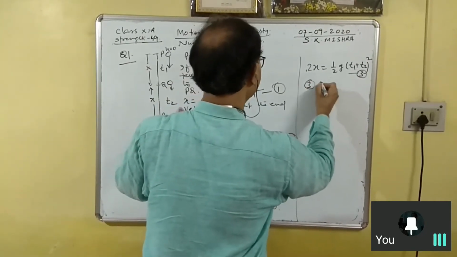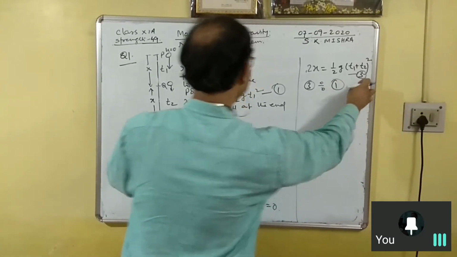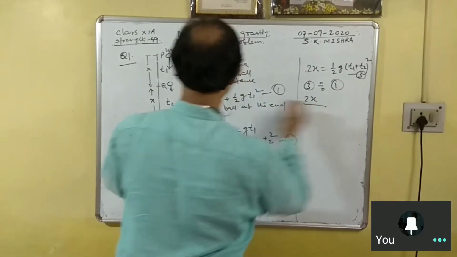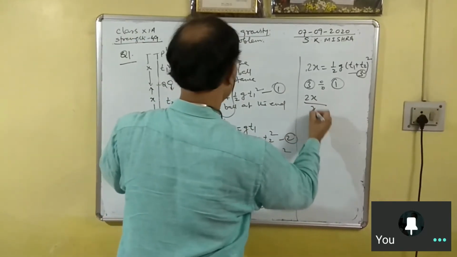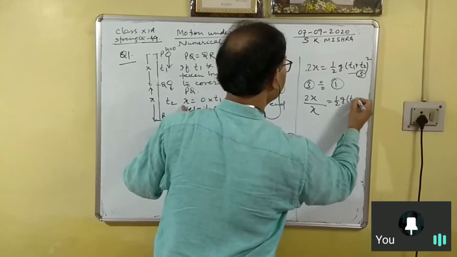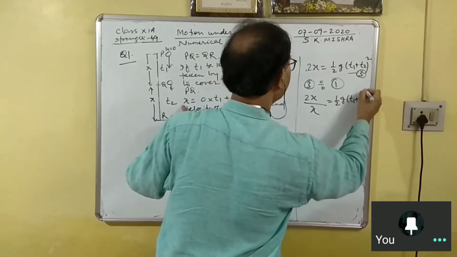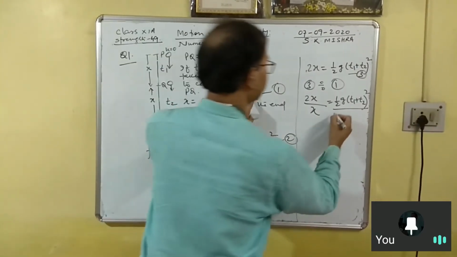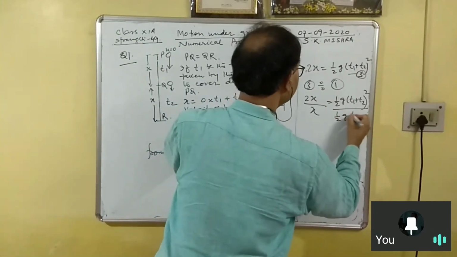divided by equation 1, 3 divided by 1. So this is 2x, and this is x, and this side it is half g (T1 plus T2) square whole divided by half g T1 square.